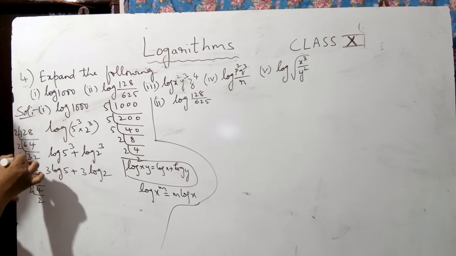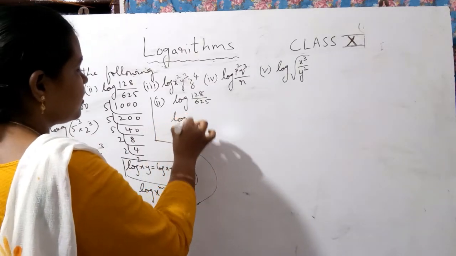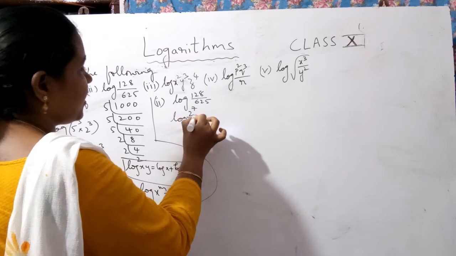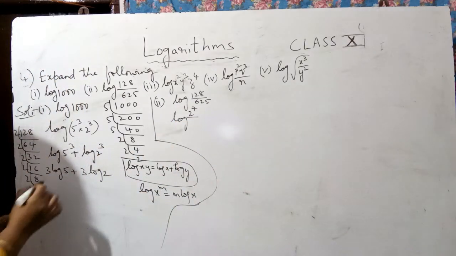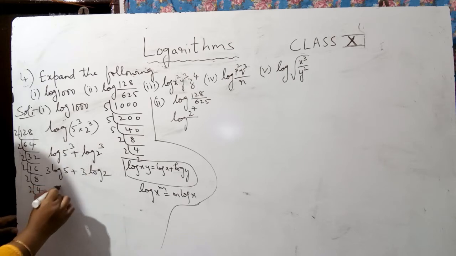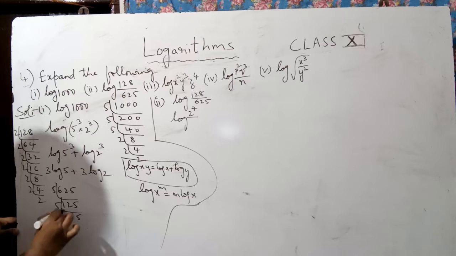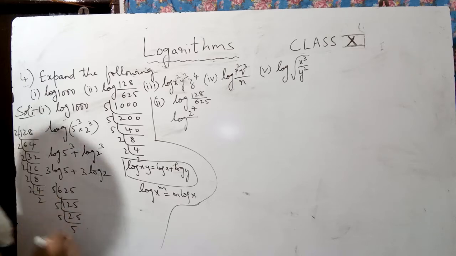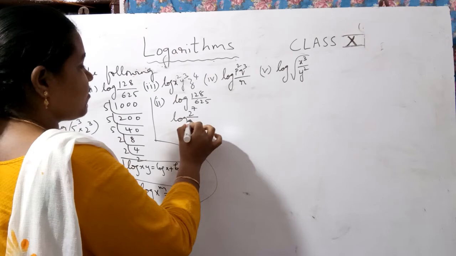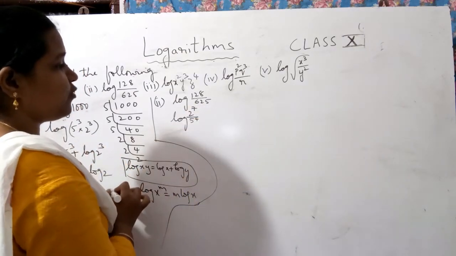That is 2 power 7. How can I write 625? 5 5s are 25, so I can write it as 5 power 4. So log 2 power 7 by 5 power 4.